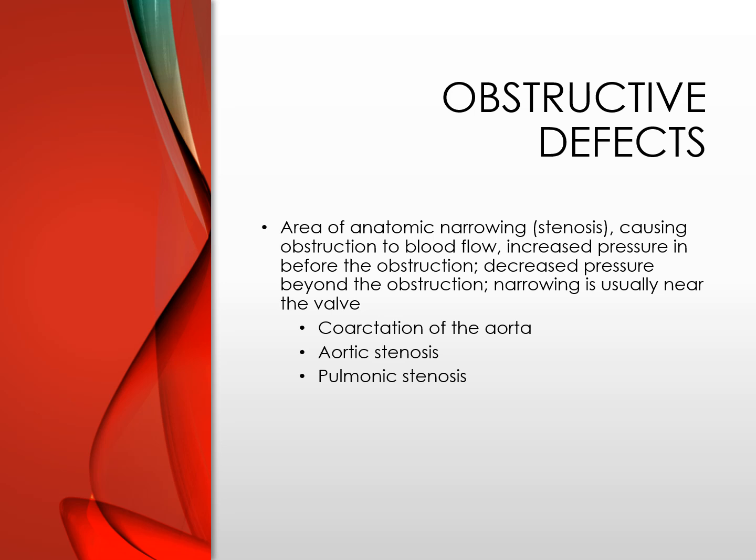And then maybe a pulmonic stenosis. Again, it will be smaller, so it would obstruct the flow that should be going through the pulmonic into the lungs. So you have an anatomical obstruction right there.